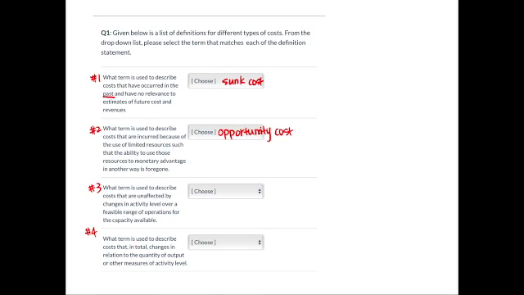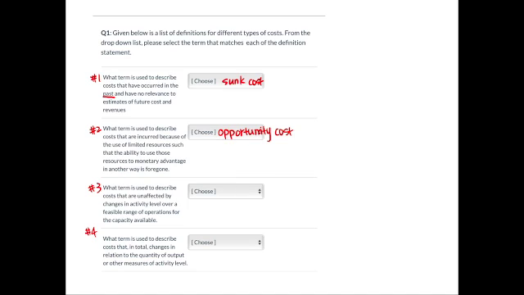Let's move on to number 3. What term is used to describe costs that are unaffected by changes in activity level over a feasible range of operations for the capacity available? So what it means is no matter what your activity level is, no matter how many products you produce, that cost stays the same. It's unaffected.